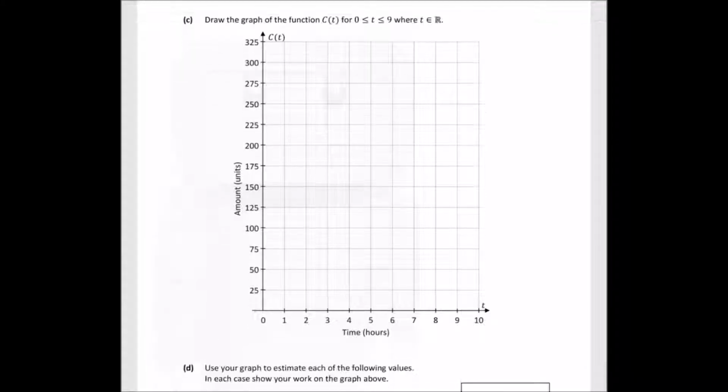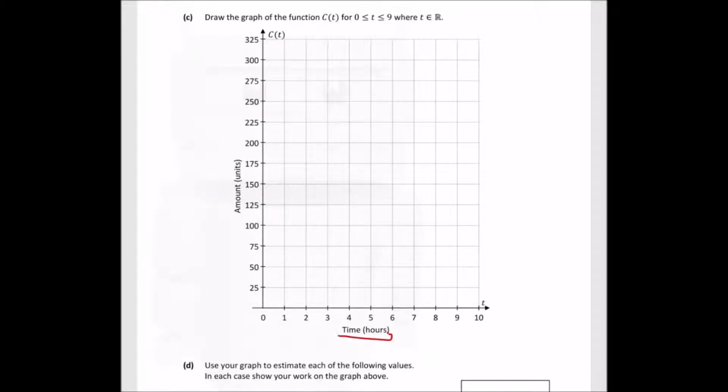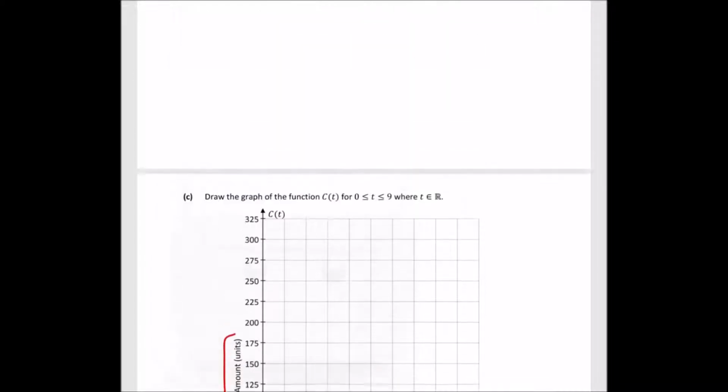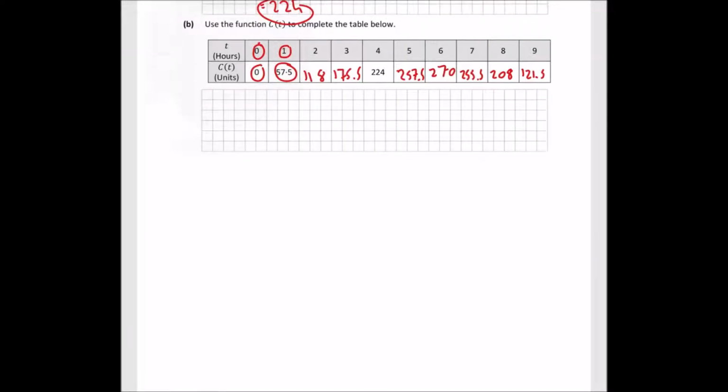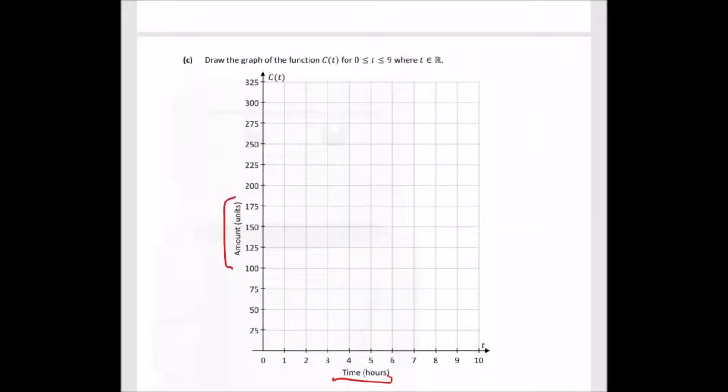Draw the graph of the function. Okay, well, here's the time down here, and here's the amount of drug. So if I look up here, my points will be 0, 0. It's the first one, so that'll be down here.